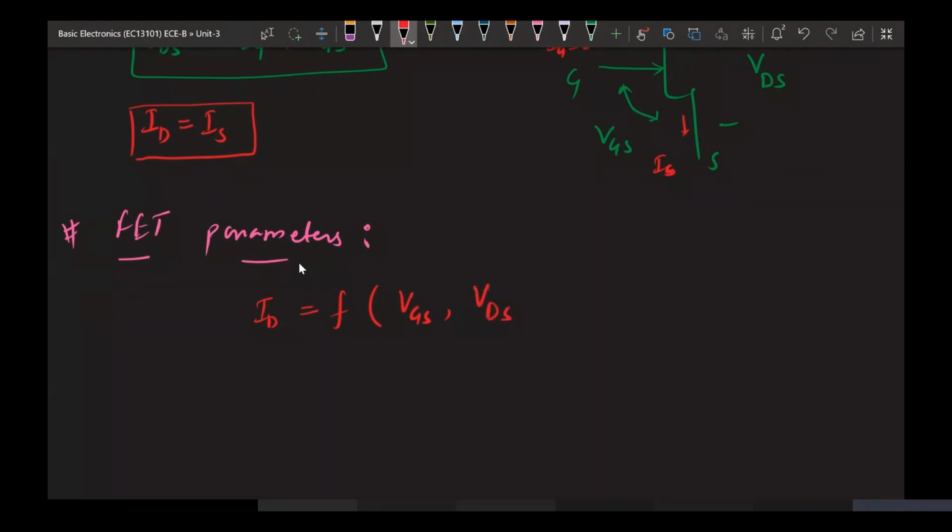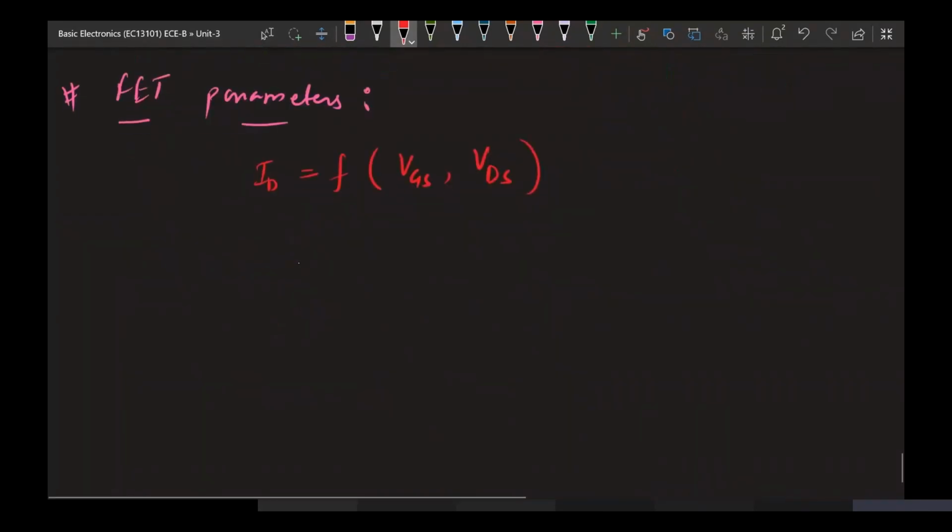If we vary VDS, there will be an increase or decrease in the ID value. As we increase VDS, ID will increase, and after some time it will become constant. So ID is a function of these two.